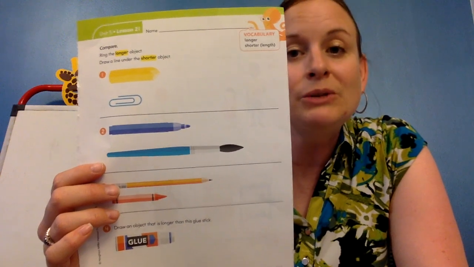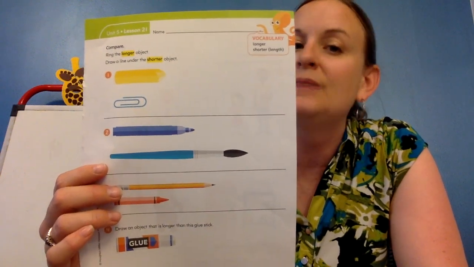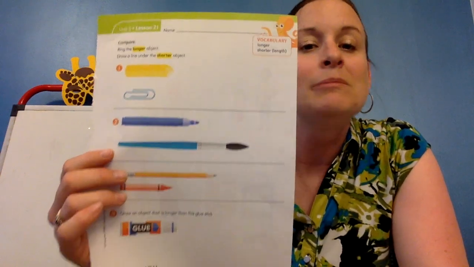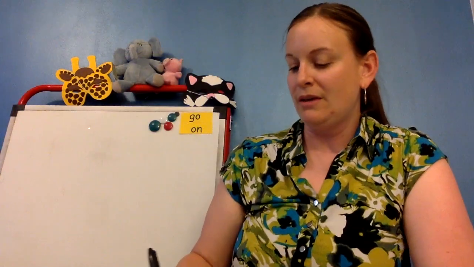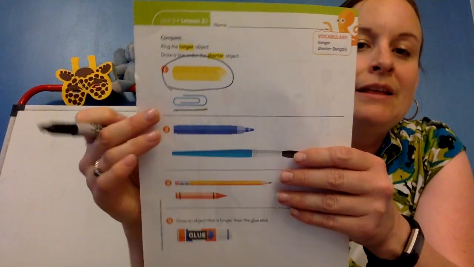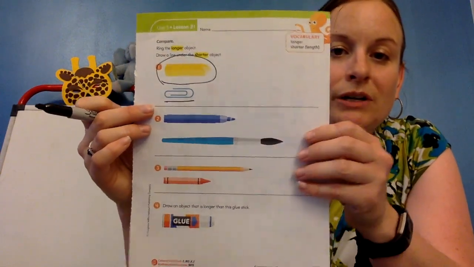So you don't have to do anything yet. If you want to try to draw some things that look kind of like that, you can, but this is not the part that I need. Which one is longer? Which one am I going to circle? I hope you said the yellow pencil, and then we underline the paper clip that is shorter.